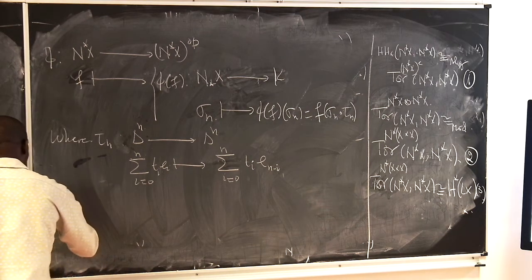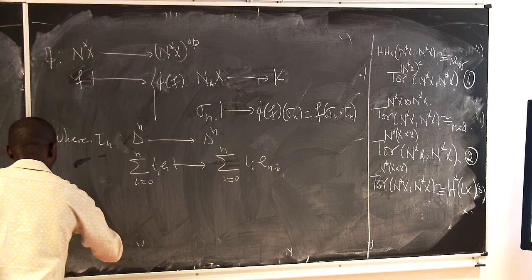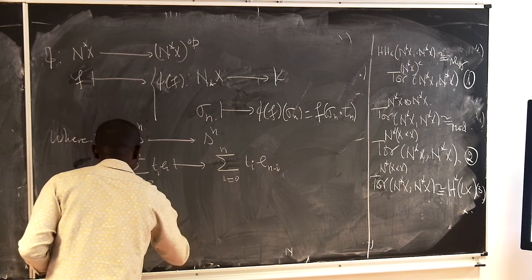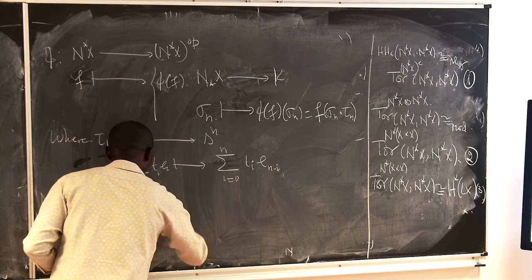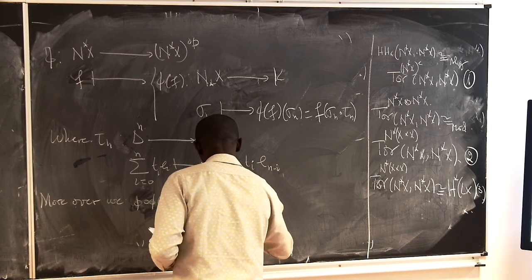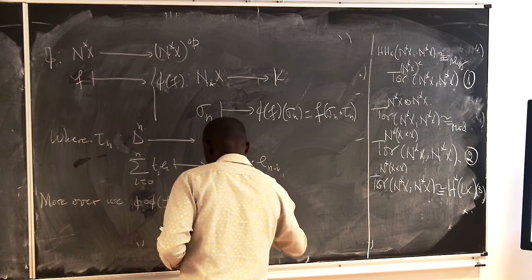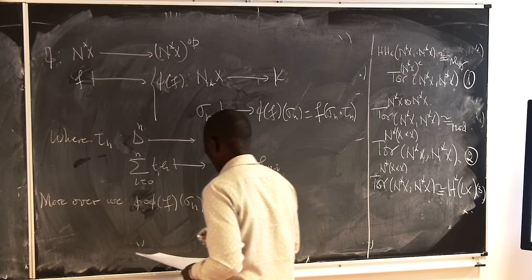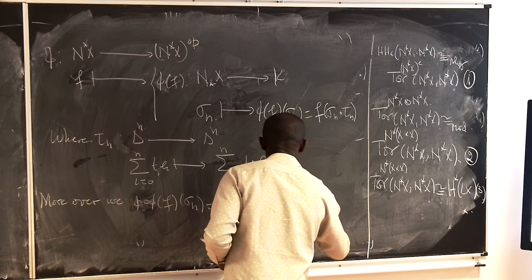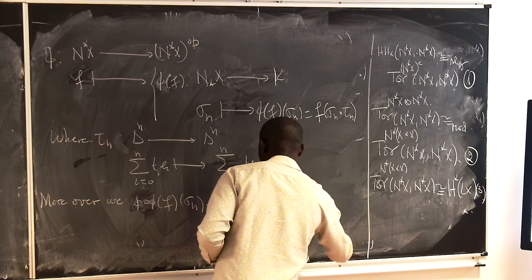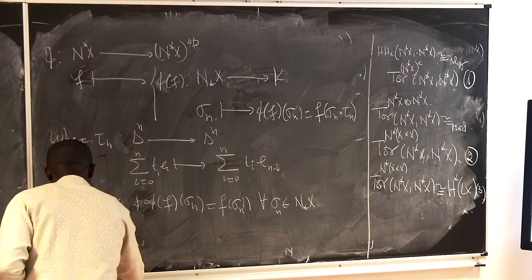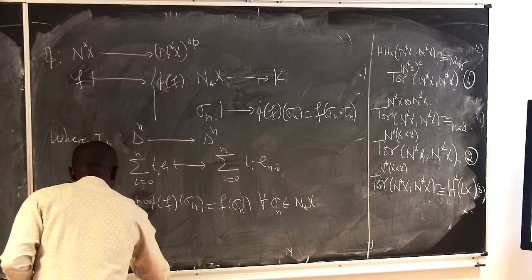Moreover, we have Phi composite by itself applied to f, applied to any sigma, is equal to f of sigma n, for all sigma n belonging to N star X. Means that Phi composite by itself applied to f is equal to f.